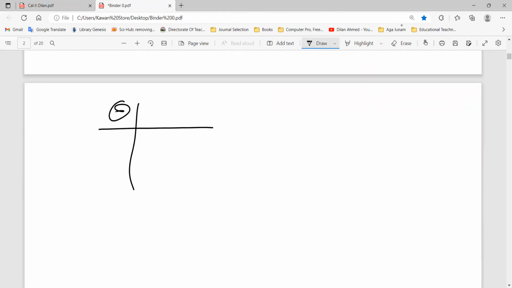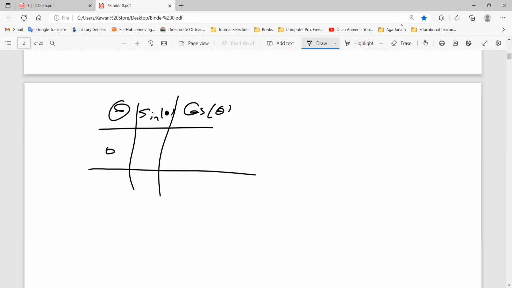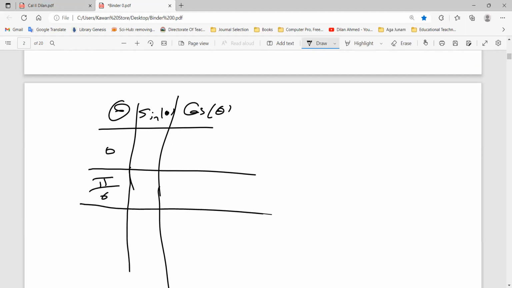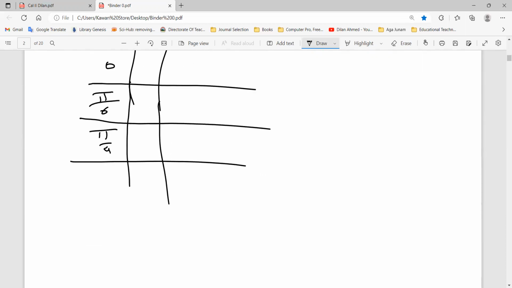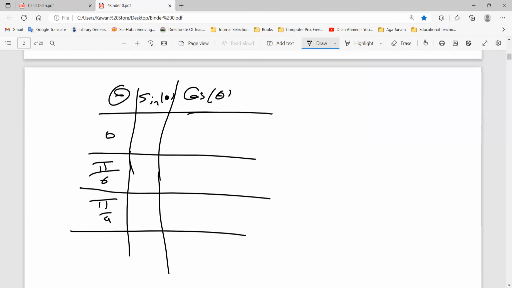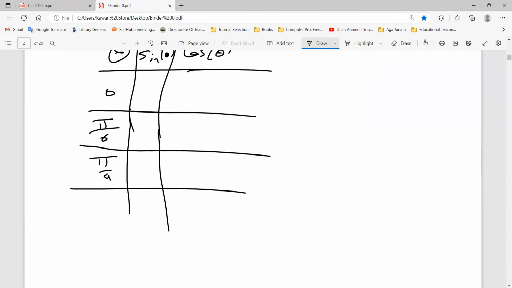I'm going to use the first quadrant, and we have sine and cosine of theta. Maybe the angle is equal to 0 in the first quadrant, right? Maybe pi/6, maybe pi/4, maybe pi/3, finally pi/2.